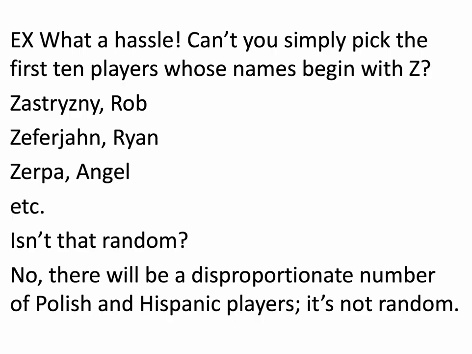It's not random because a disproportionate number of Polish surnames, more than you'd expect, begin with Z, and ditto with Hispanic surnames. So in this list of names that begin with Z, you're going to end up with lots of Polish guys, and that would warm my Polish heart because all of my ancestors came from Poland. And you'd end up with lots of Hispanic players, like Angel Zerpa, but it's not random. You end up with a disproportionate number of Polish and Hispanic players.